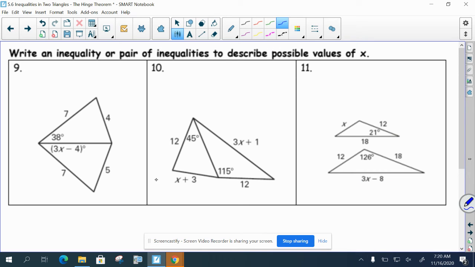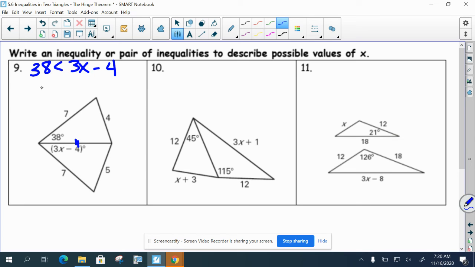There's just one more kind of setup for inequalities, and that's actually making inequality equations. So for this one, they both share this side. Okay, so we're comparing this one and this one. So what kind of inequality can you create? Well, since you know that 38 is going to be less than 3x minus 4, you can say 38 less than 3x minus 4.